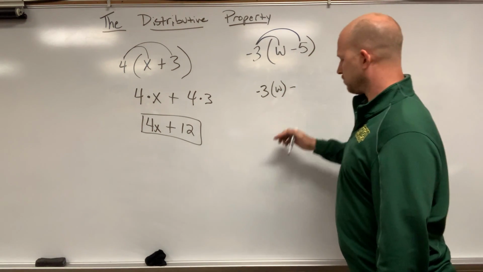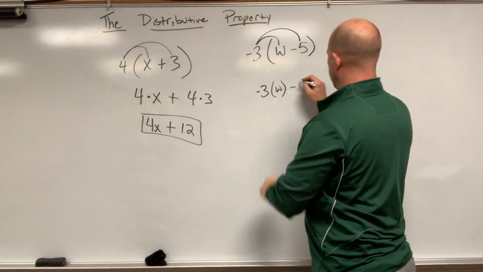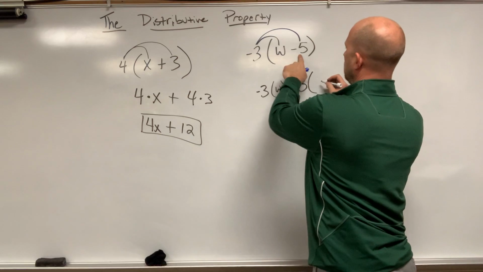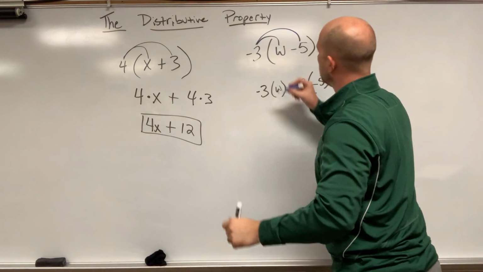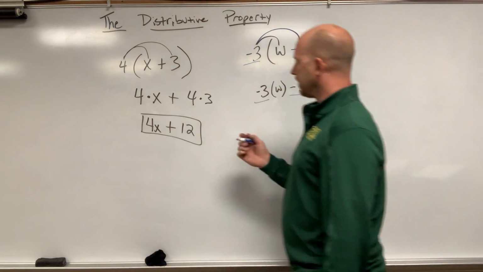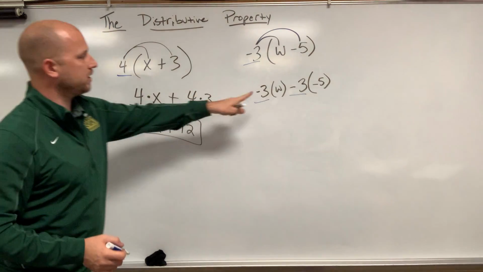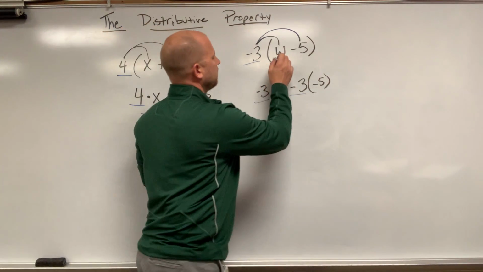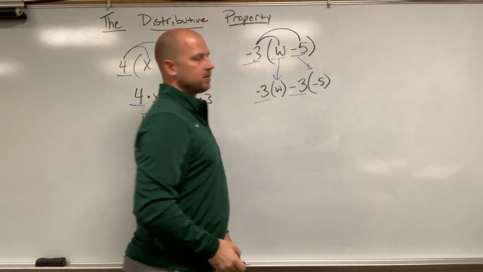Then I'm going to put the minus from the 3: -3 times this right here, -5. Over here on this problem I had a 4, so I rewrote the 4, and then what I put in parentheses are each term: the W, which is right here, and the -5 there.